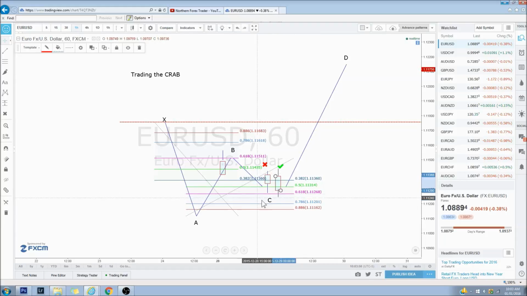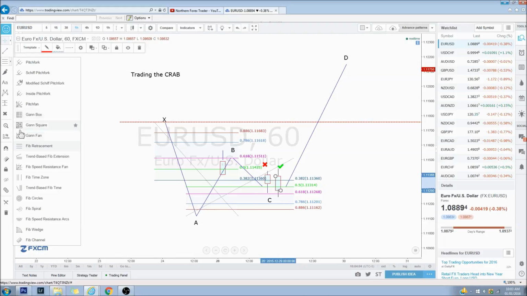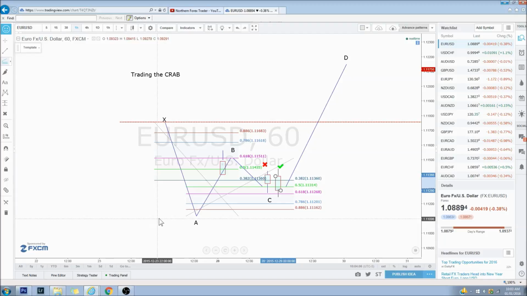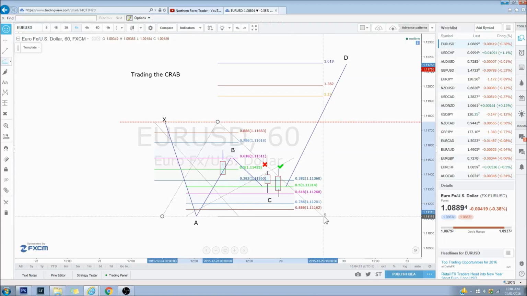Now, with that all being said, our criteria is being met. We are looking for a completion point. So we put a fib extension from A to X and back down to A, and what we're looking for is a 1618 completion point.